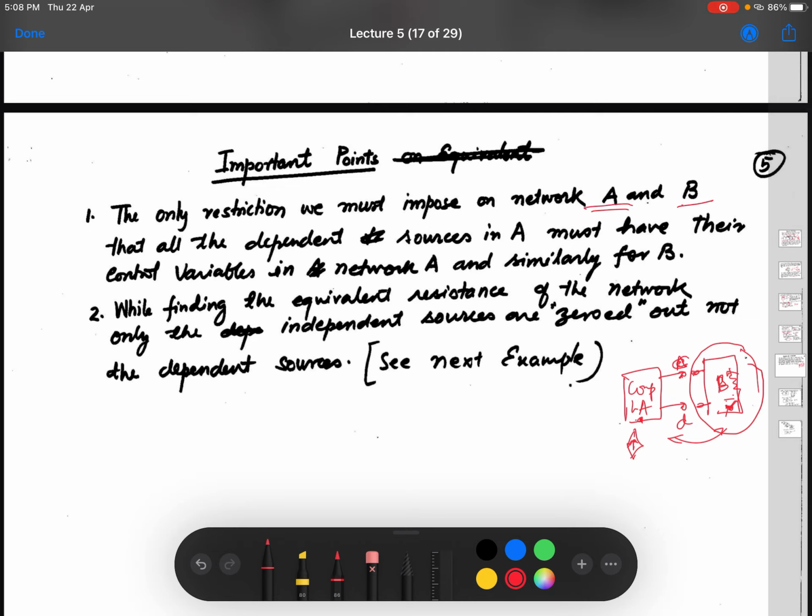So if you have two networks A and B, then all the dependent sources in A must have their control variables in network A, and whatever dependent source is in B should depend on network B only. Okay, so that is an important point which we should note while we are separating two networks for finding the Thevenin equivalent.